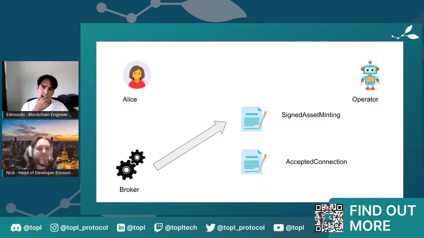You can just create an asset minting request, and you don't have to worry about how to send it, serialize it, or sign it. It will be handled by the broker and then given back to you. So that's another thing. Now let's move to the demo.